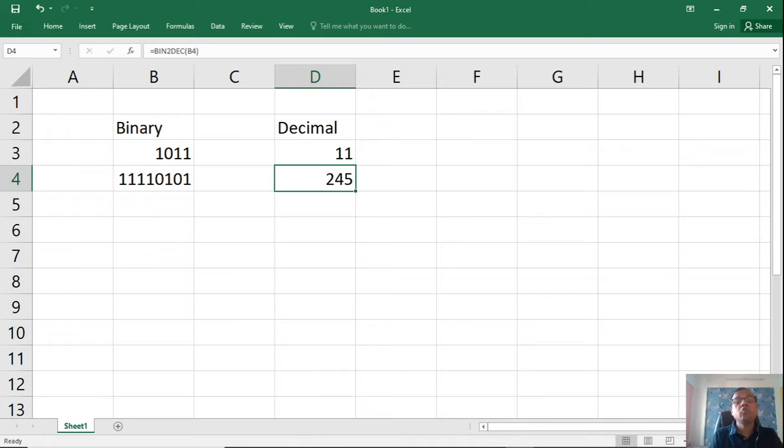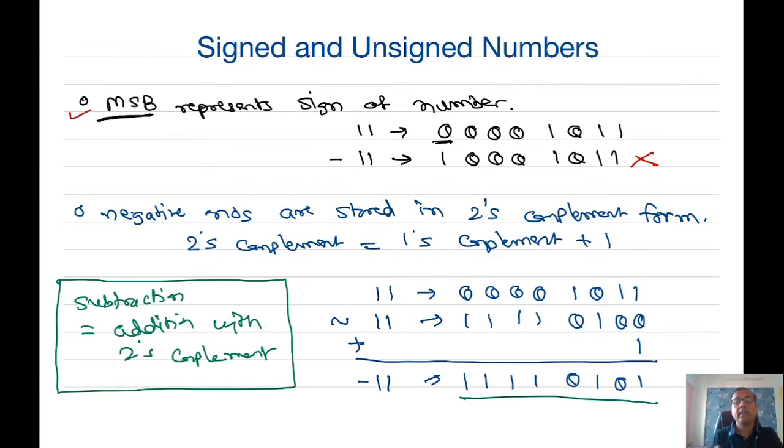Please note, -11 and 245 both have the same bit pattern. I repeat once again, -11 and 245 both have the same bit pattern. Please make a note somewhere. So people might have a question: then sir, how does the computer understand whether it is signed or unsigned?